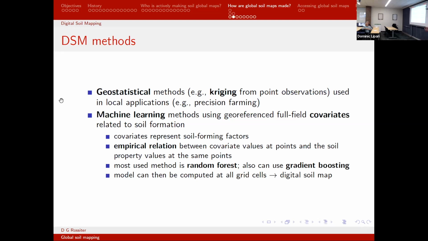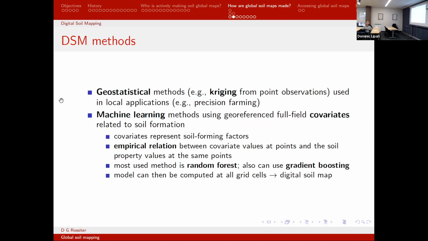Now, this is just an empirical relation. We're not making any kind of process model. So we make these empirical relations, and we can build a random forest that goes from all these predictors to our training data. Then when we have a new point, we just run down our random forest and make a prediction.